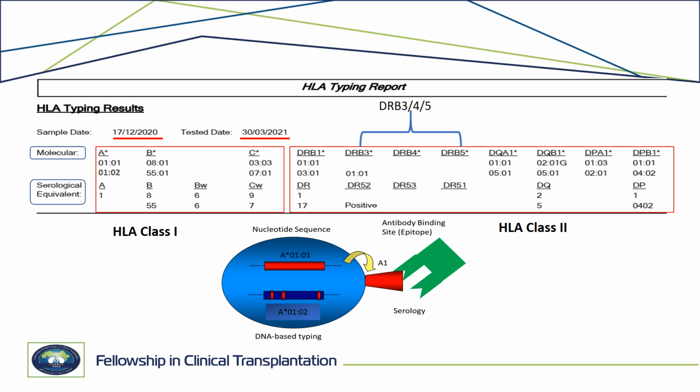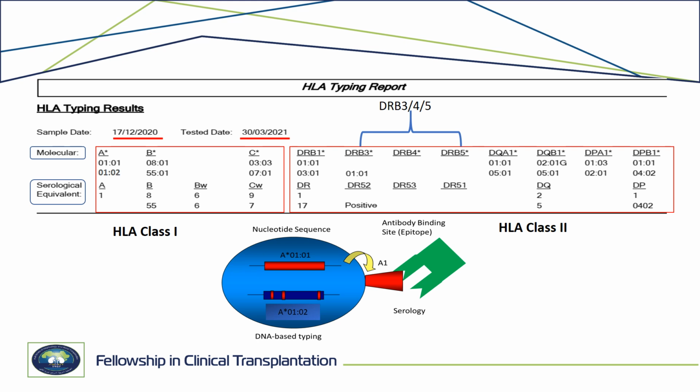And you can see on the top, this is the molecular typing, and in the bottom, this is the serological typing. In this report, the typing was done at high resolution. That's why you can see two fields of typing. Like you can see it's A0101 or A0102, B0801, B5501.